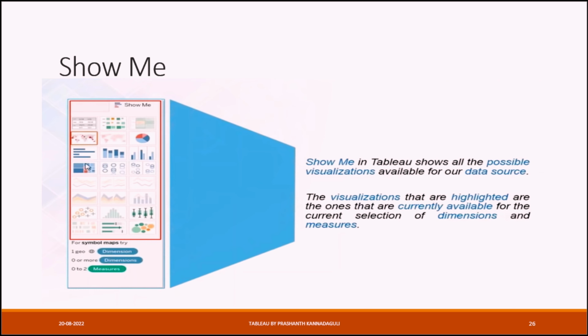If I select that, a pie plot comes. I can see a geographic plot, a stacked bar chart, several types of bar charts, a box plot, and many things. So these are whatever the Show Me pane shows at that moment of time.